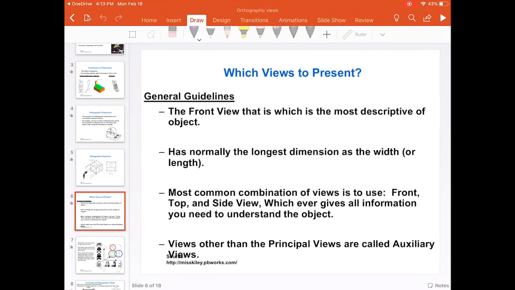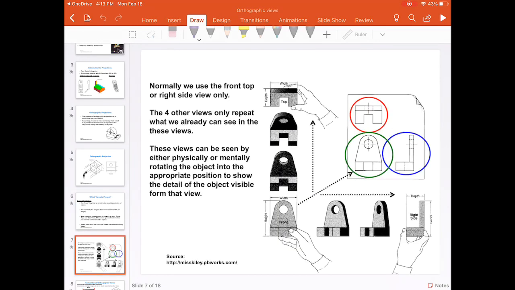What we'd like to do, again, I'm going to show you in practice, following the guidelines. If I look at this object, I can have all different views.